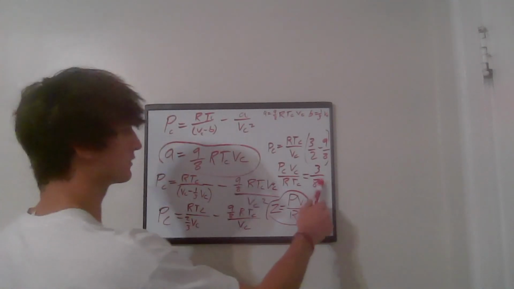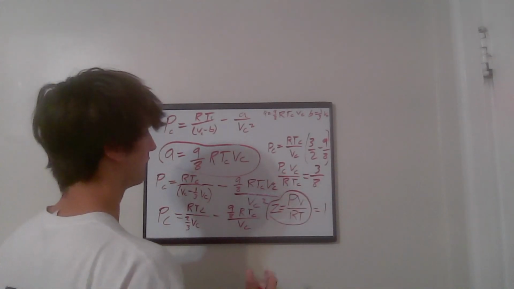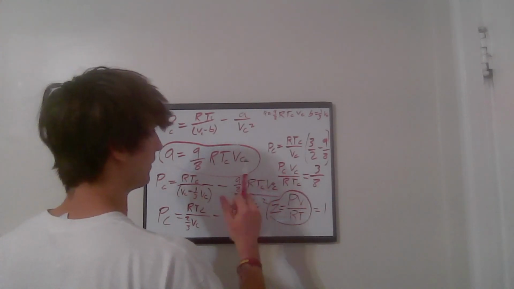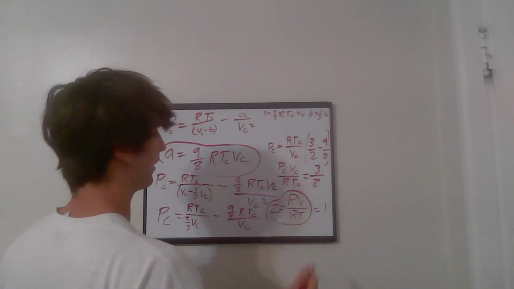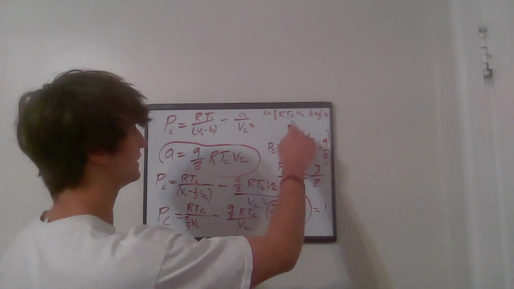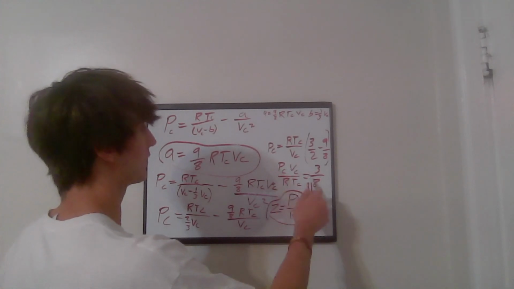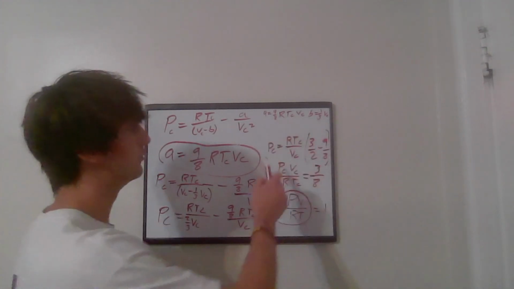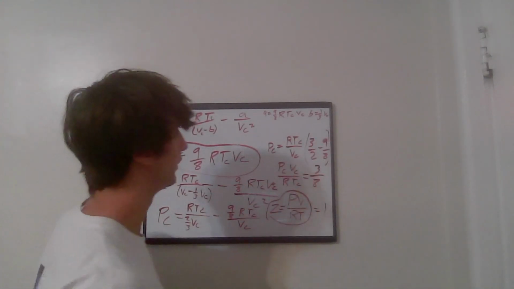So we can take this 3/8 and replace it. We need to solve for VC so we can replace all the VCs in the A and B with the correct 3/8 to find the actual numerical values for A and B, not just with the volume.